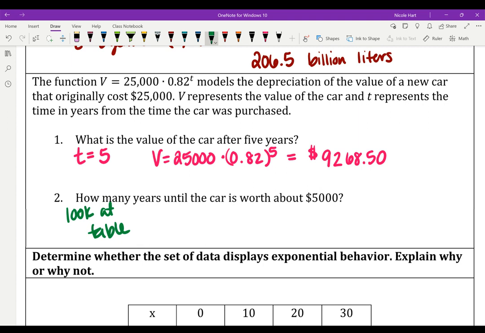So as I scroll through on my calculator, I notice that at 8 years, it's $5,100. And at 9 years, it's like $4,100. So I'm going to say 8 to 9 years, because it's going to be somewhere in that range of 8 to 9 years that it's about $5,000.